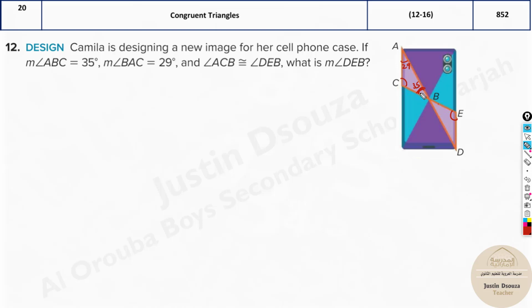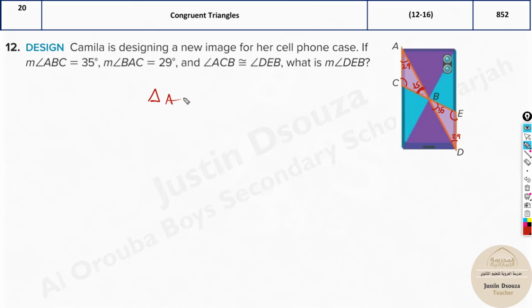If this is 35, whenever you have lines crossing like this, this and this are always equal. The other side, they'll be equal to each other as well. So 35 over here means this is also 35. Now they have already told this and this is equal. So from the third angle property, they must be equal. This must be 29 itself. But anyways, now we will just consider ACB.